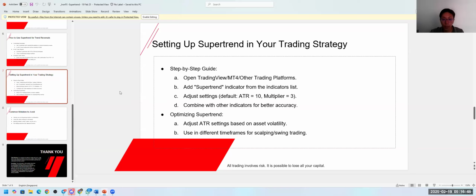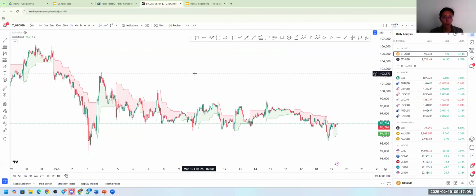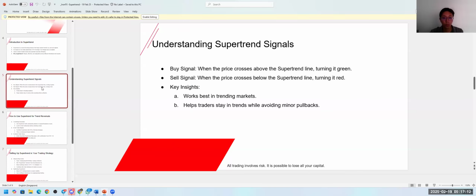Then how can we combine it? Let's do it step by step, okay? So we will do Supertrend itself, and then we shall add in other indicators to help you with your whole setup, okay? So go here, then we shall go back to here.